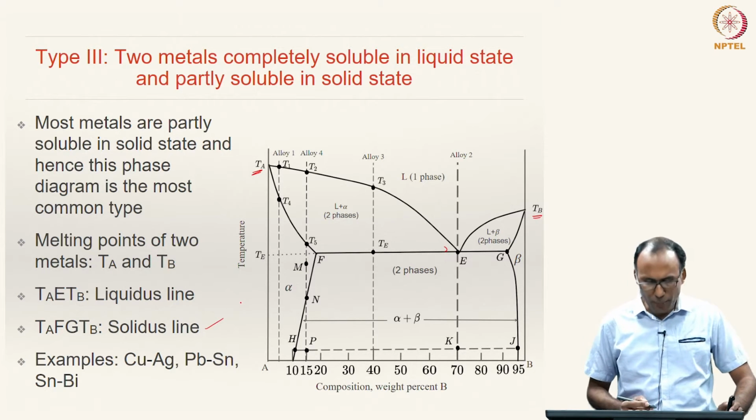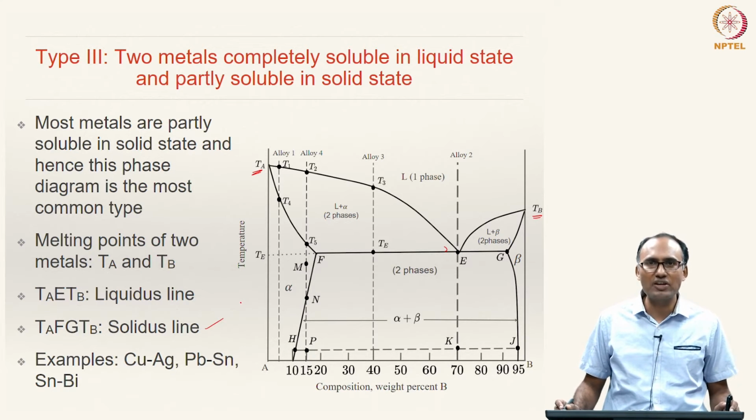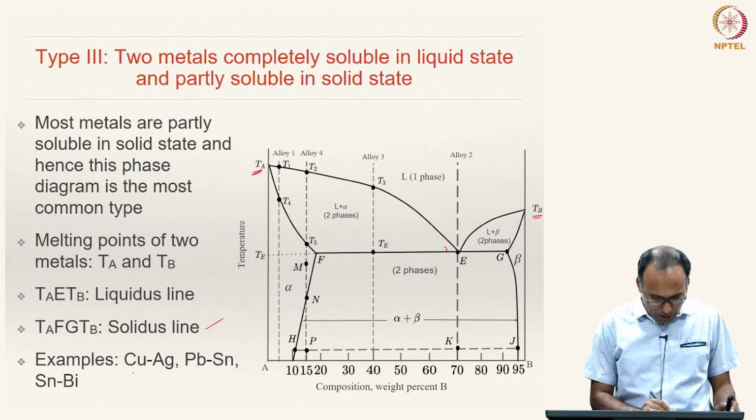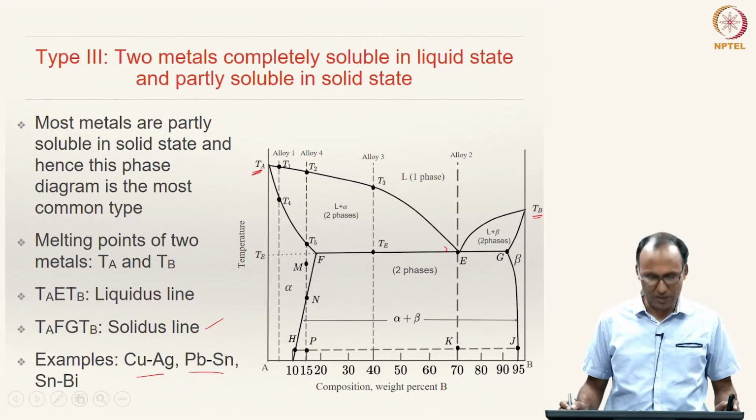Typical examples of such a system, which has complete solubility in liquid state and partial solubility in solid state, are copper-silver, lead-tin and tin-bismuth.